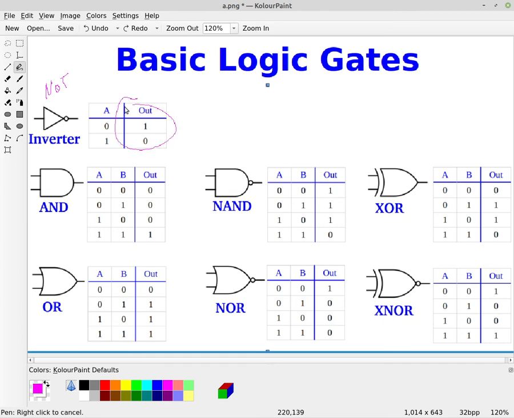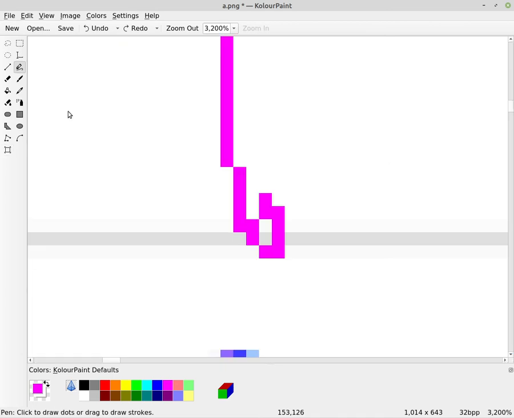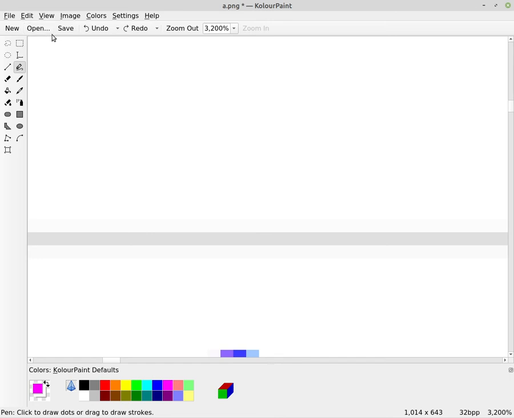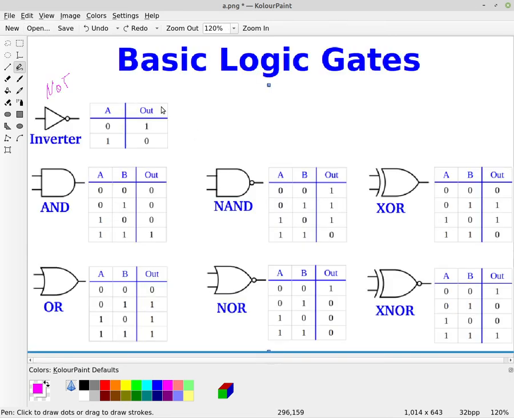So this is the truth table here. So we have inputs. In this case, we only have one input, and then we have the output.